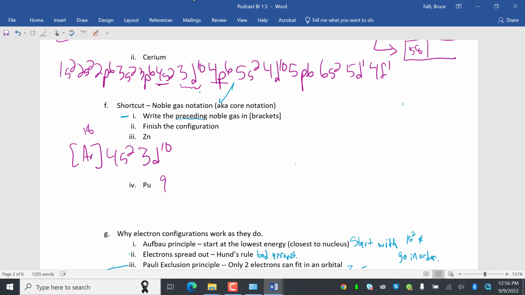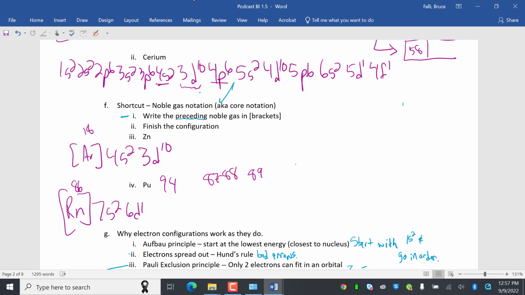Pu is number 94. So my preceding noble gas is going to be radon, number 86. Find those in your periodic table, 94 and 86. Then what we see is I've got to do 87 to 88, and that's going to be 7s2. Then I have to do 89, which is all by itself, 6d1.